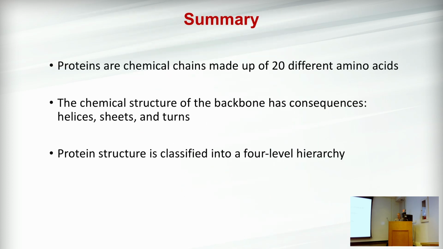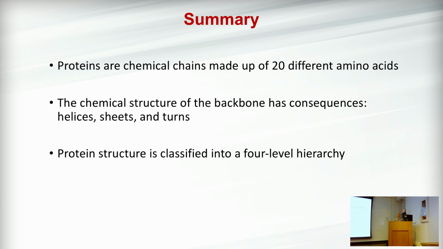And so with that, proteins, we basically said, are just chemical chains made up of 20 amino acids. 20 amino acids, string them together. They can form, well, the backbone, the planarity of the backbone, right, and the trans configuration of a peptide bond, that double bond characteristic, has consequences, right?